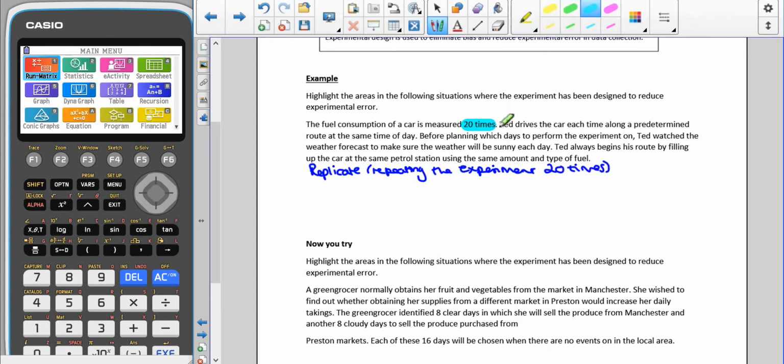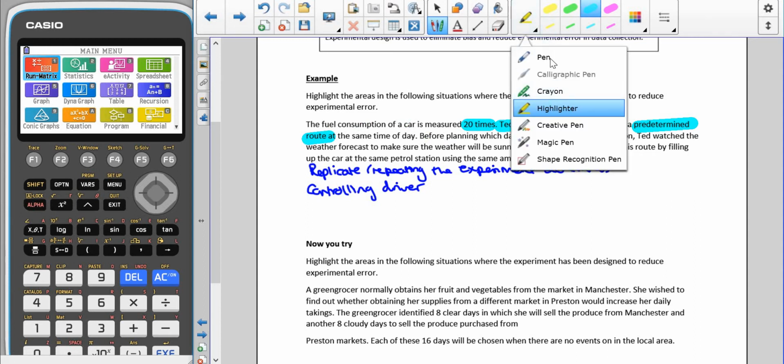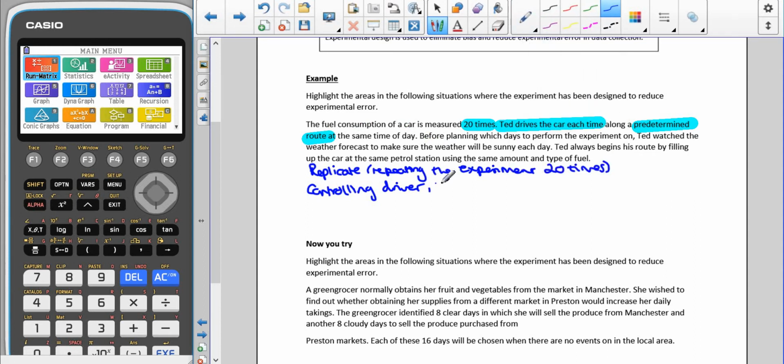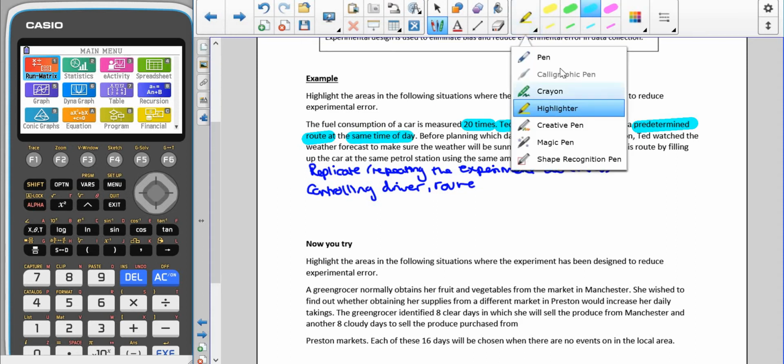Also, Ted drives the car each time, so we are controlling the driver, along a predetermined route, so the same route, and also at the same time of day.